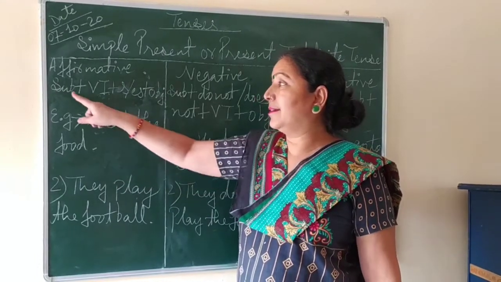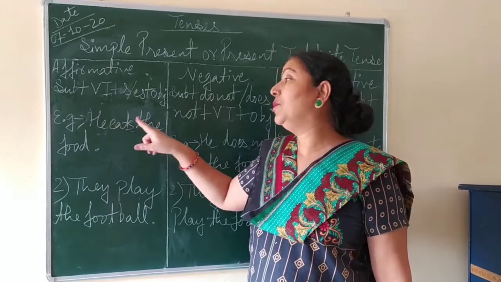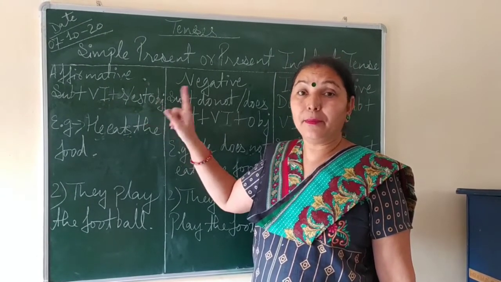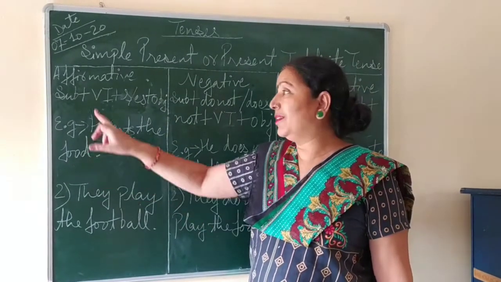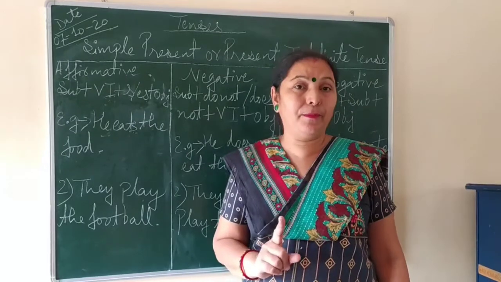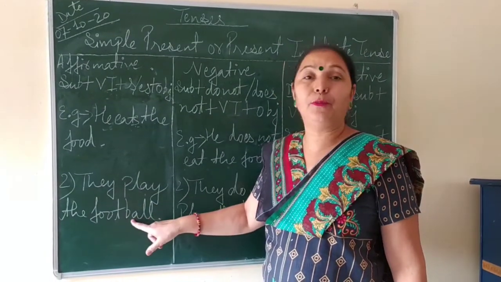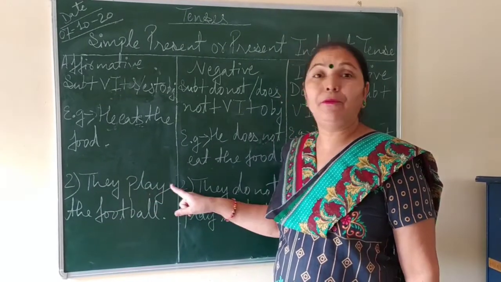He is the subject here, which is singular. With singular, we use the verb with S or ES. Remember. Now coming to the plural. For plural subjects, we will use only the verb first form. So let's see the example. They play the football. That means they is plural here, and we will use only the verb first form here.